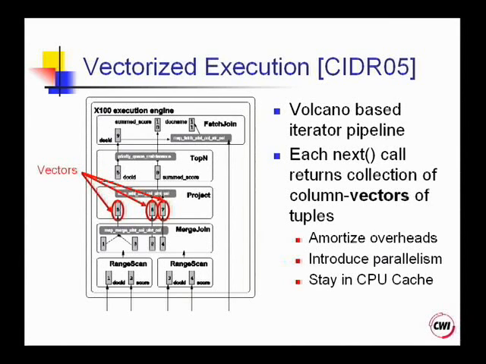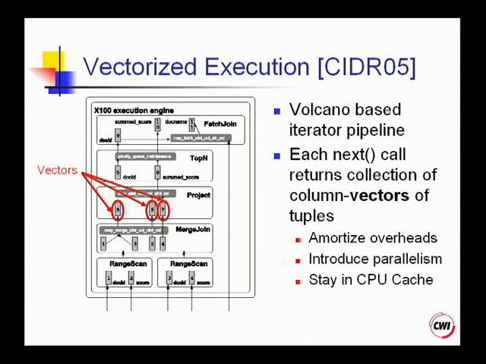But the main difference is that the parent's next calls on the child to retrieve tuples through the pipeline. But traditional database systems return a single tuple at a time, and we return a vector of tuples or a collection of column vectors. So a column vector is just a simple array with, let's say, 1,000 values from a single column, and a collection of these to be able to forward multiple columns.